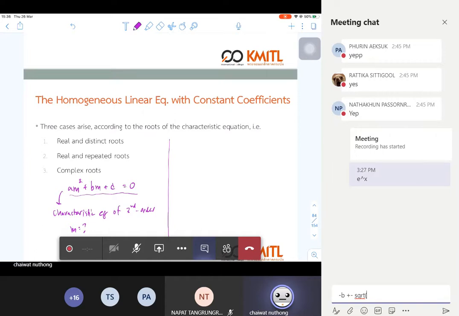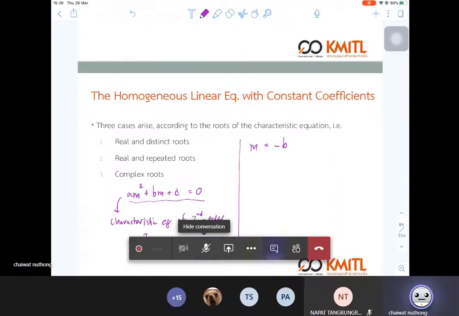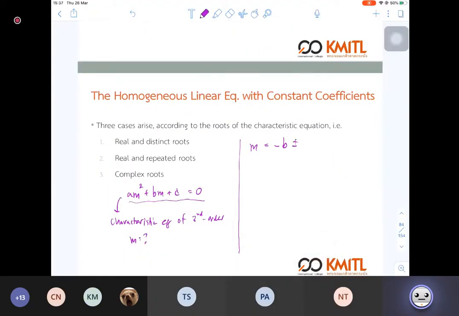Do you remember the formula? Quadratic, right? The formula would be m equal to minus b, plus minus the square root of b squared minus 4ac, over 2a. This is the solution to this.